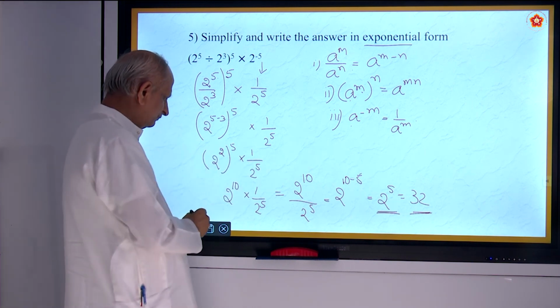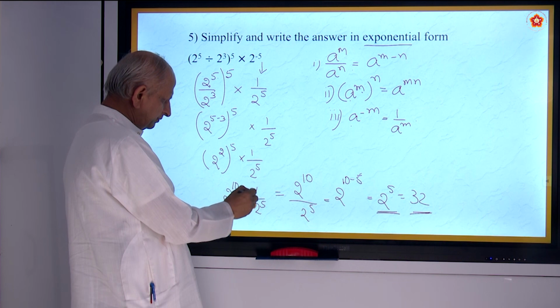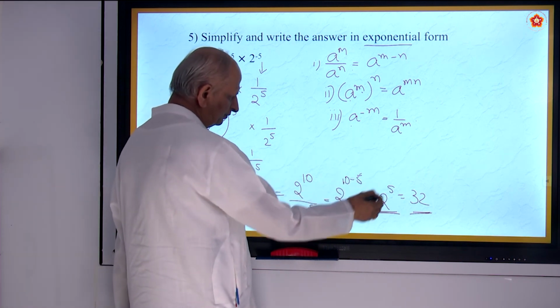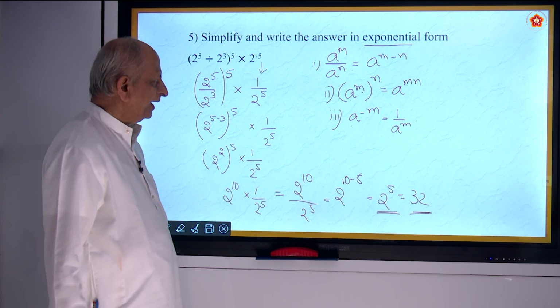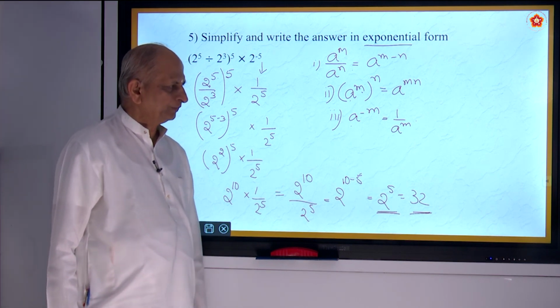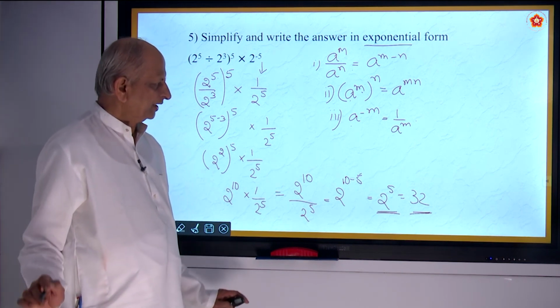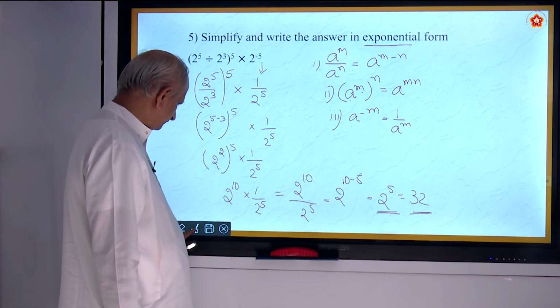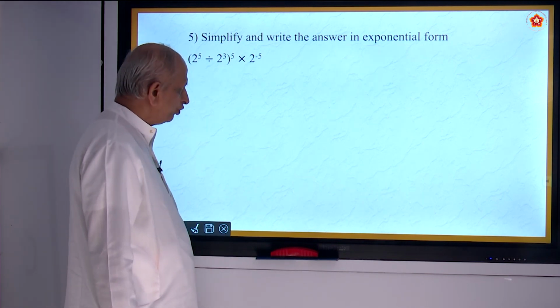So 2 5s are 10, by 1 by 2 to the power of 5. So that will be equal to 10 minus 5, that is 5. Answer is 32. Okay, understood? Noted? Very nice. Shall we pass on to the home assignment?